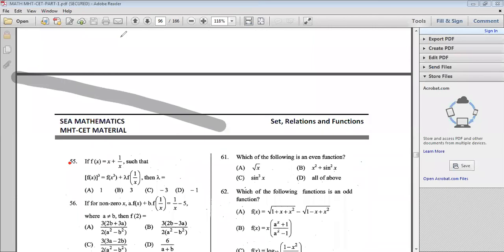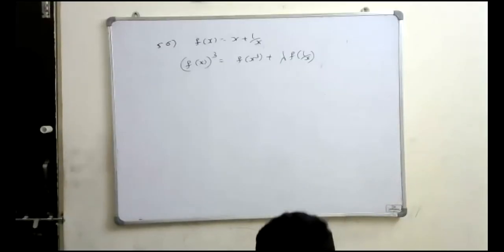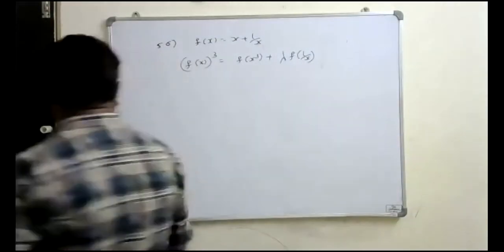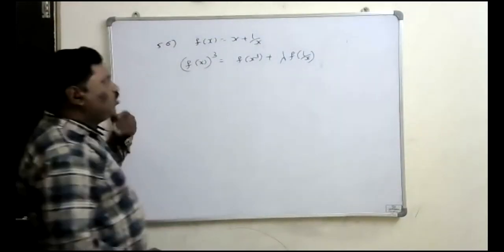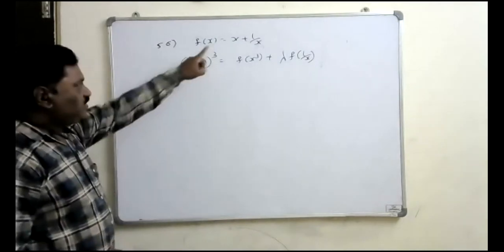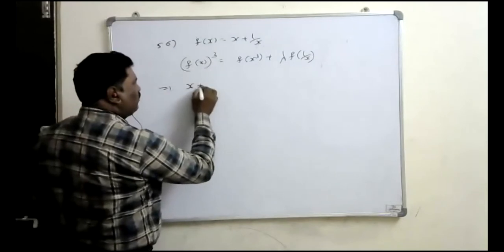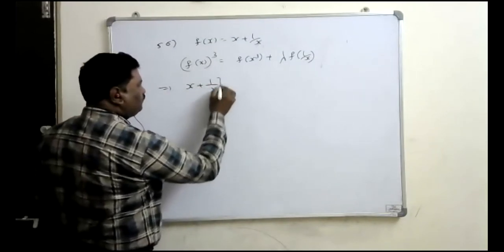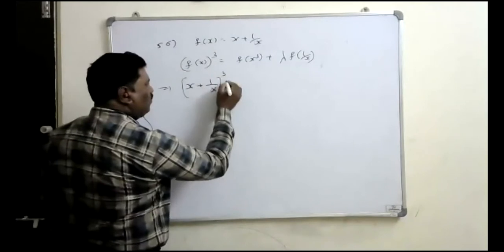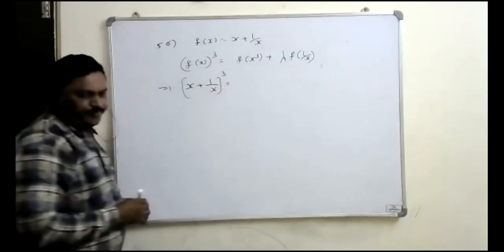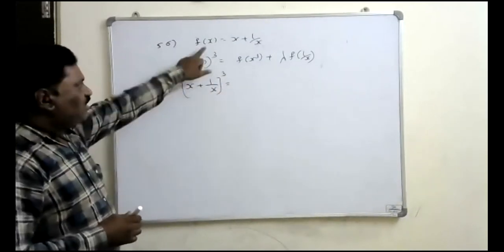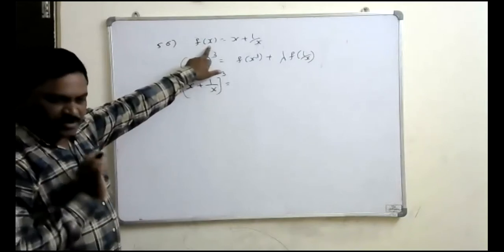Just observe here. So to find that, it is f of x whole cube, means substitute that f of x there, that is x plus 1 by x whole cube is equal to f of x cube. f of x cube means x का जगह में x cube लिखना पड़ेगा.